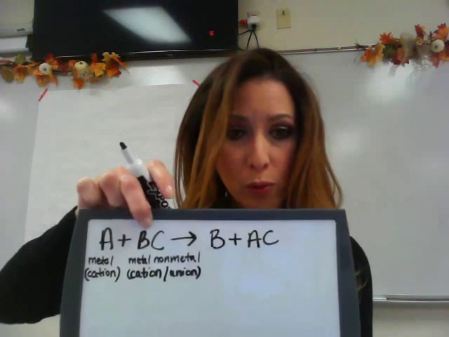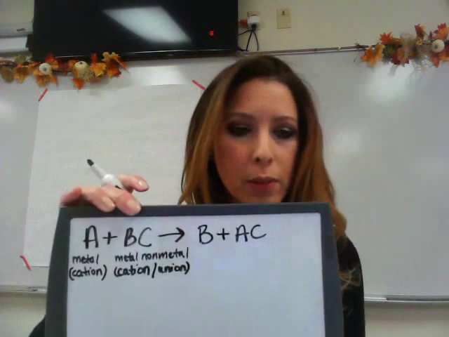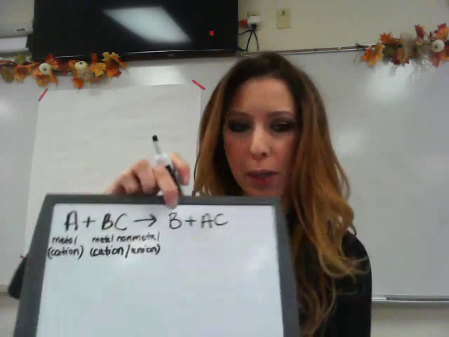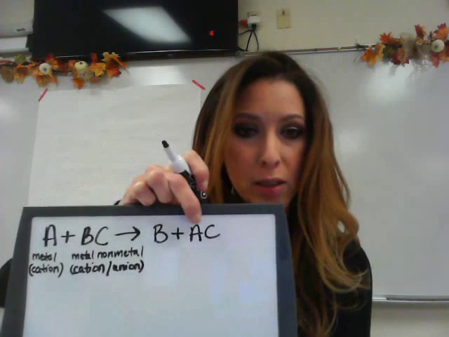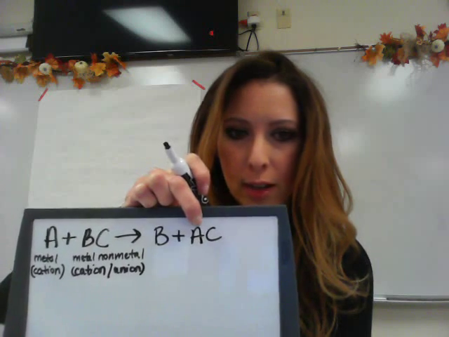Since metals both form cations because they like to lose electrons, those are the two that would trade places. You'll kick out metal B, it'll be alone, and then you'll produce a new compound, and you always list the metal or the cation first, and the non-metal or the anion second.